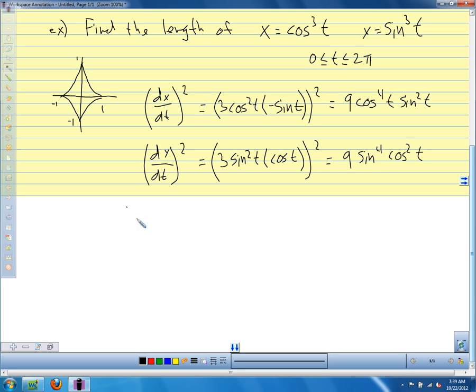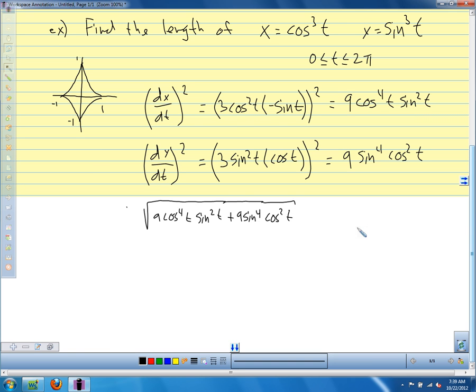So we have the square root of 9 cosine to the 4th t sine squared t plus 9 sine to the 4th t cosine squared t. So we're just going to work with this for a minute. How can I simplify this?